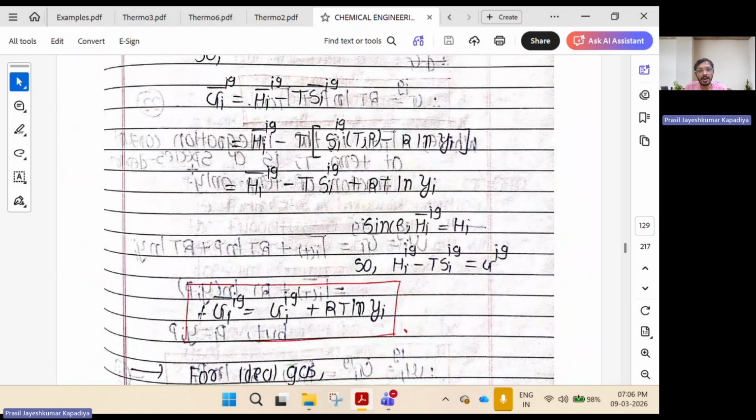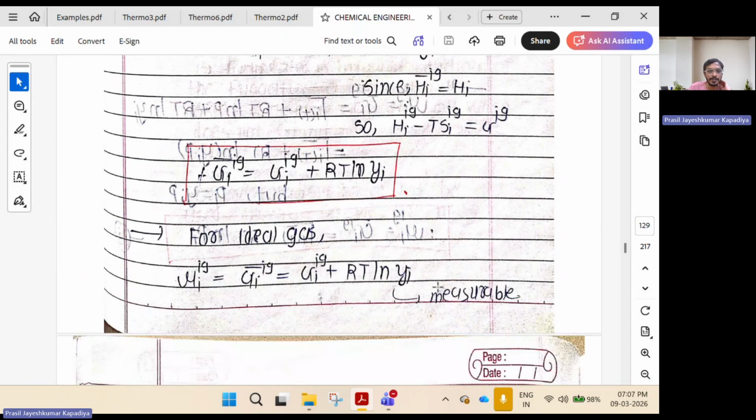So Gi bar ideal gas is equal to Hi bar ideal gas minus T Si bar ideal gas plus RT ln yi. But we know that Hi bar ideal gas is equal to Hi ideal gas, so Hi ideal gas minus T Si ideal gas is nothing but Gi ideal gas, and this RT ln yi remains as it is. So Gi bar ideal gas is equal to Gi ideal gas plus RT ln yi.